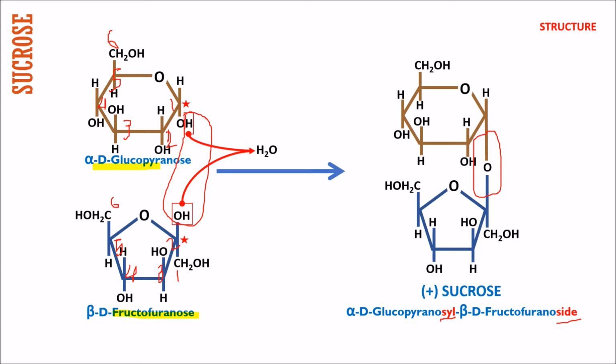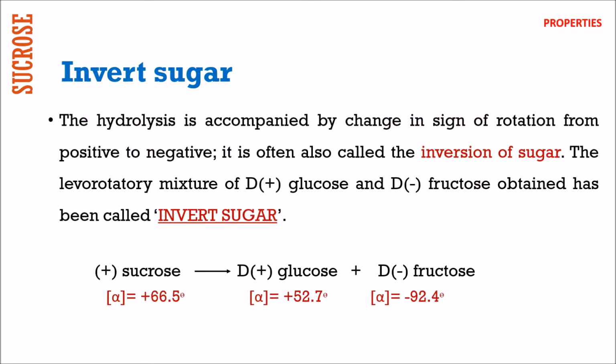glucopyranosyl beta D fructofuranoside. Sucrose shows one important phenomenon known as invert sugar. The hydrolysis is accompanied by change in the sign of rotation from positive to negative. It is often also called the inversion of sugar.